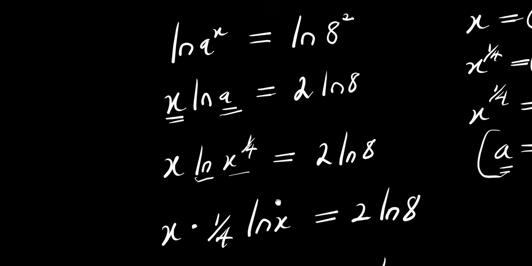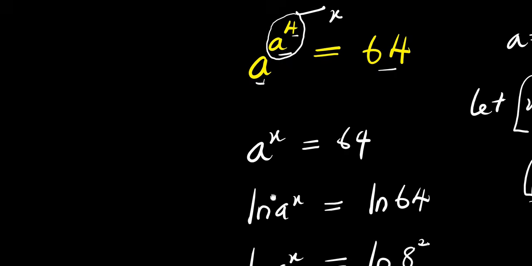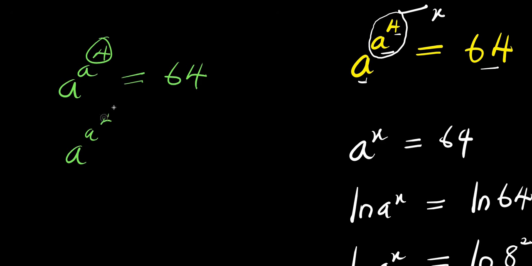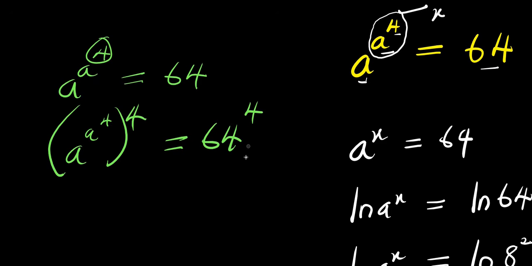Now, let's consider another method, a faster approach of solving this. a power 4 equals 64. Now, if you observe, we have exponent 4 here. So what we are going to do will be to raise each part of this equation to the power 4. Or have a power 4 raised to the power 4 equals 64 power 4.